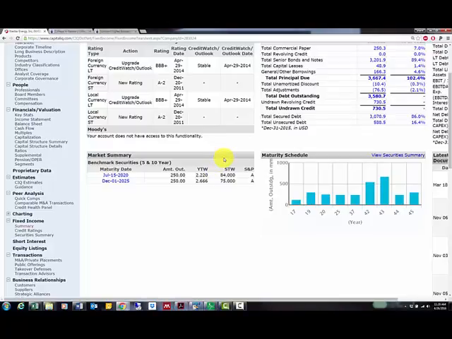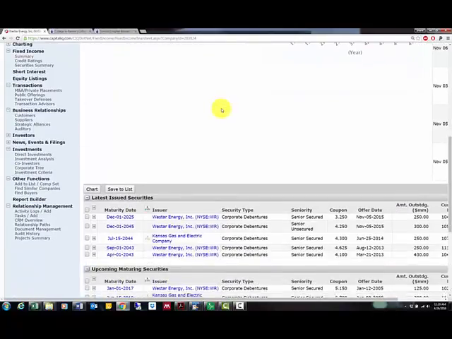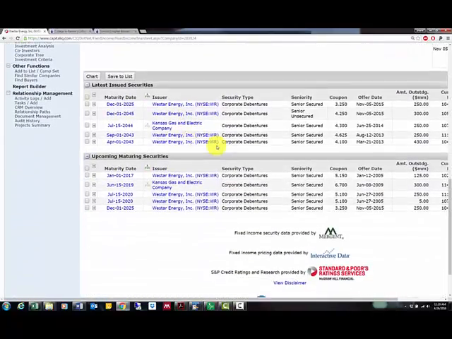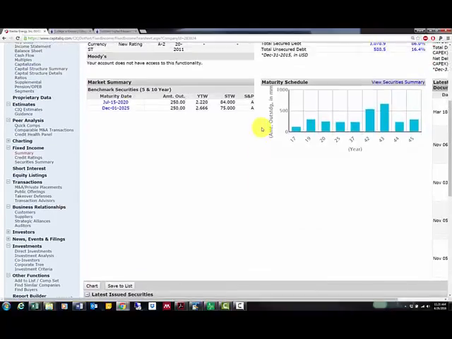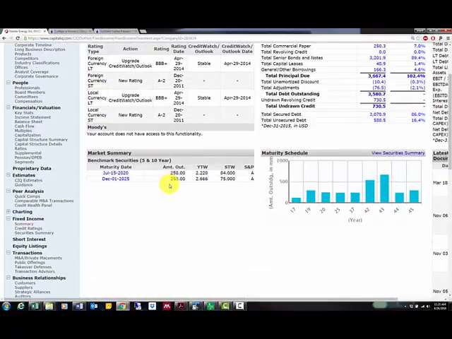So we're going to use that number, 2.666%, for the required rate of return on the debt of Westar Energy. And you can scroll down below and you'll see where they have actually all of the outstanding debts for Westar. But I'm going to use this cost of debt, and then I want to look up the corporate tax rate.